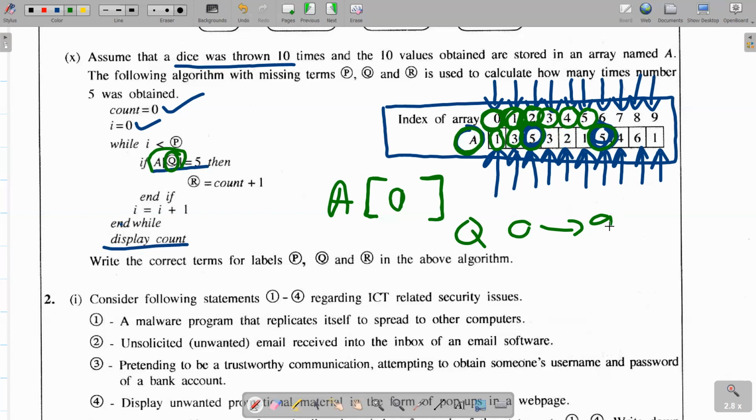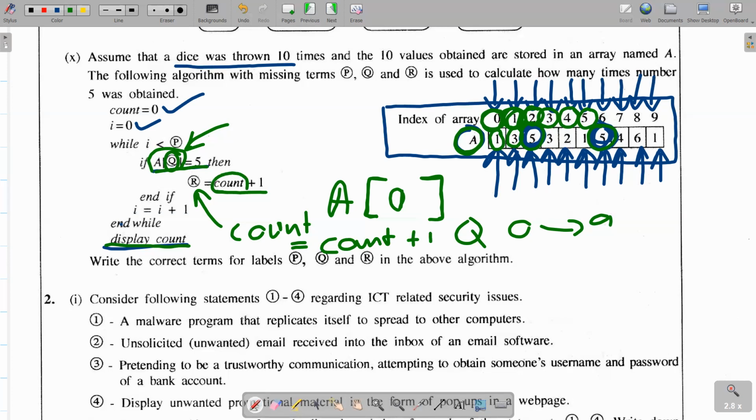And since we are displaying the count, Q cannot be count, because count executes only when the element is equal to 5. So the R is going to be count, because that's the way we are going to write the equation, count equals count plus 1.